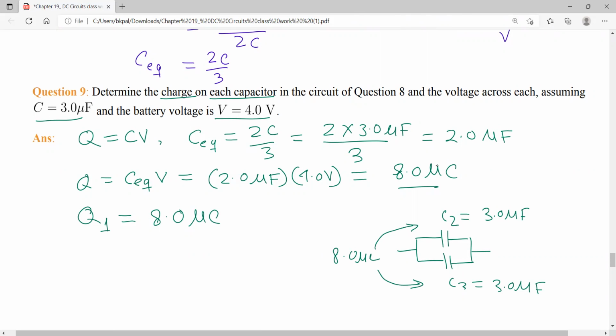Because the capacitance magnitude is the same for C2 and C3, half will go here and half will go here. So Q2 will be 4 microcoulomb and Q3 will be 4 microcoulomb.